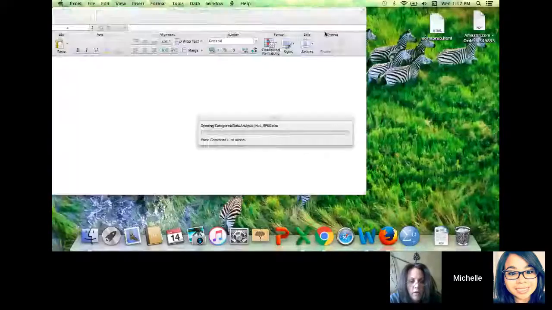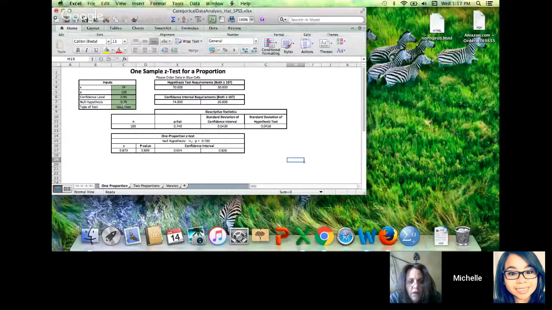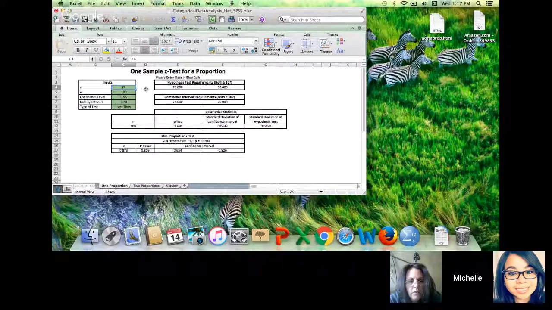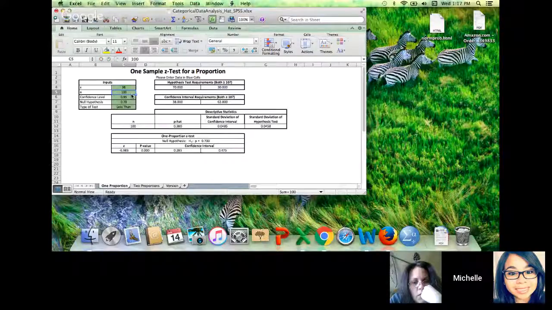Because that's where we did the 38 divided by 80. Yep, that's right. 0.475. And then number 15, find the test statistic. So in X, I put in 38, and in N, I put in 80.